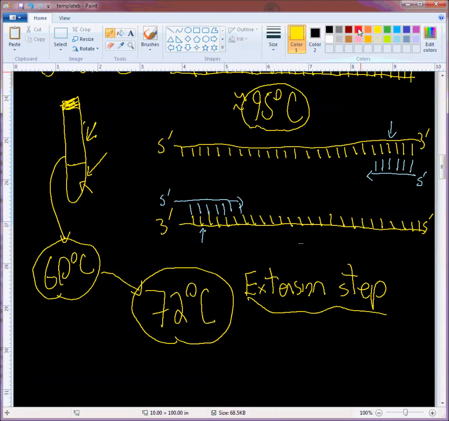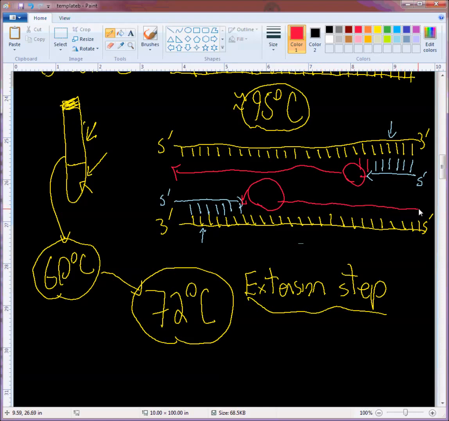And what happens is that polymerase now, its job is to polymerize the DNA. So it's going to take those dNTPs and add them to the 3' ends of the primers. And it's going to extend each strand of the template.